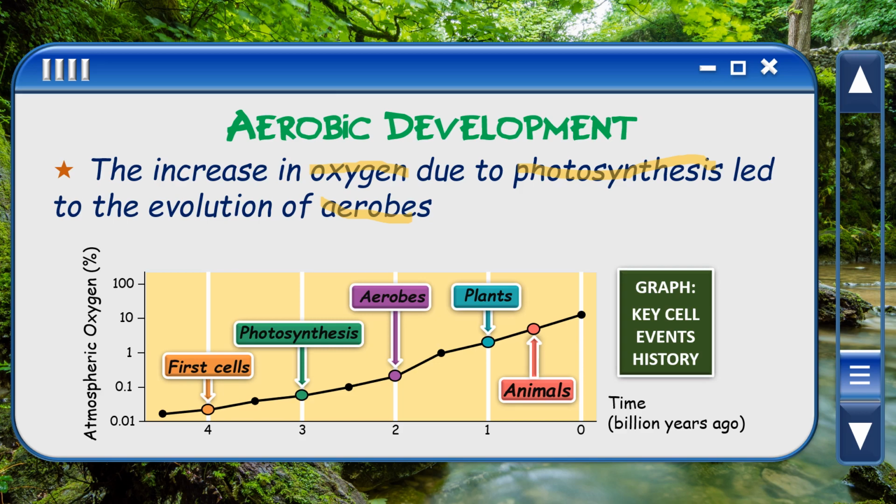Then 1 billion years ago, plants started forming. At around 0.5 billion years ago, animals started developing. So all these show the events of cell formation, how the cell started forming from the origin.